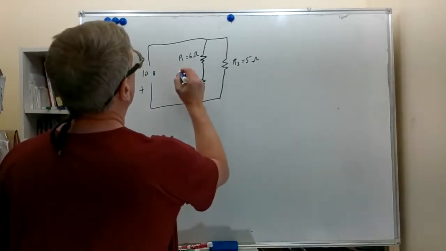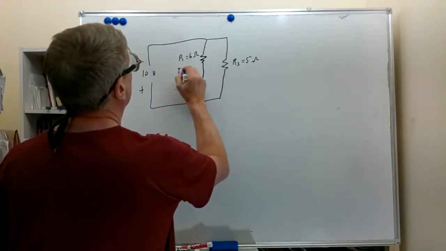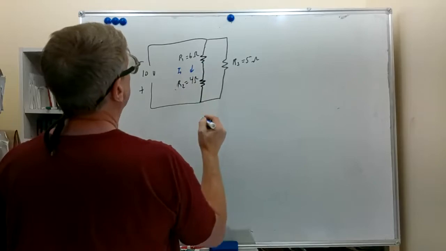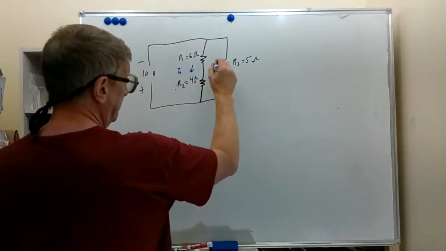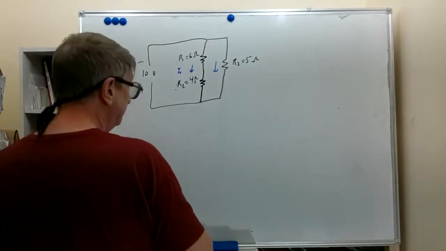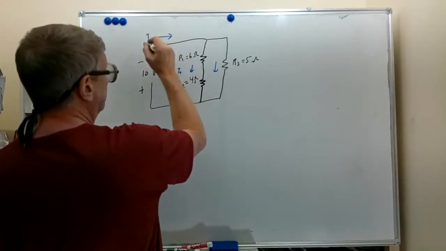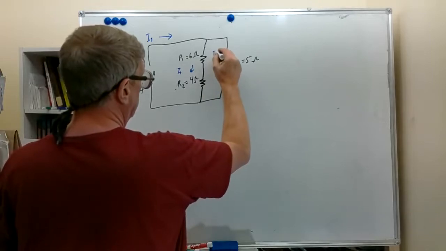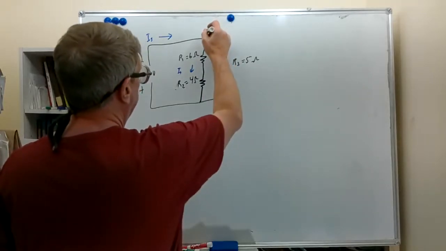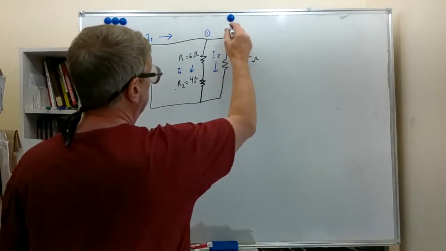So we'll find I1, which is in that direction. This is going to be I2 and I3. We'll call this branch 1, this branch 2.